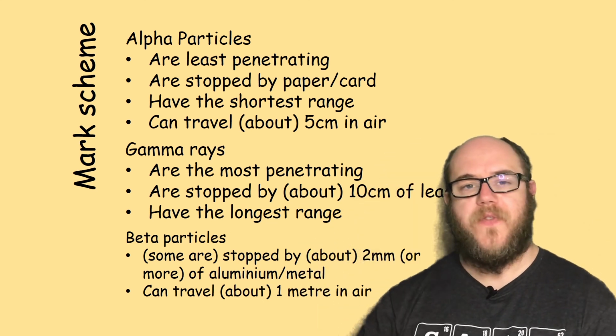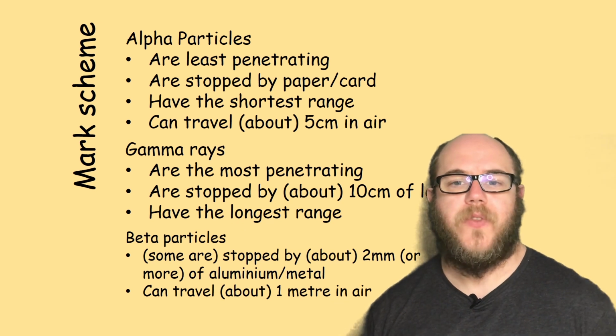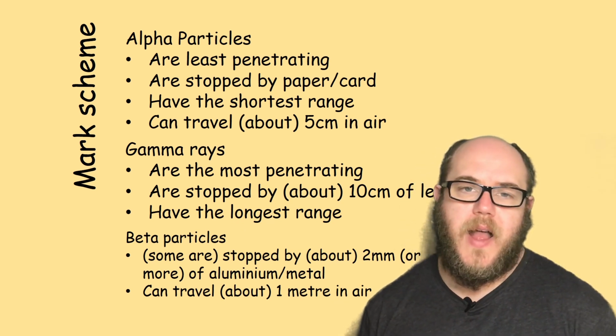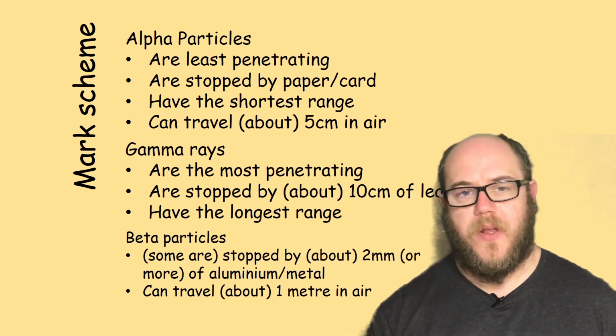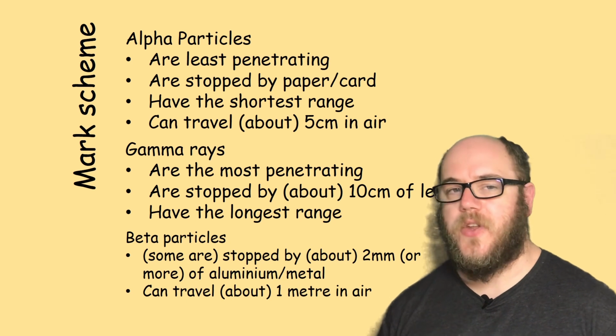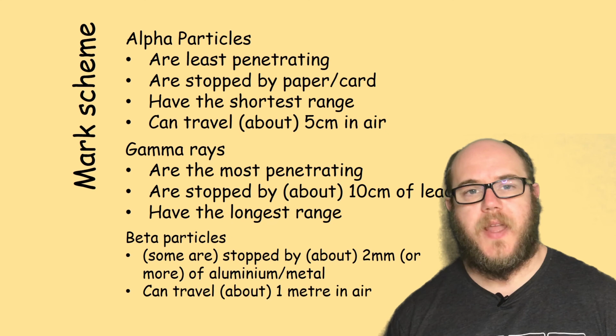So if you've taken the detector more than 1 meter away and you're still getting counts through thin pieces of metal, then you'll put thick pieces of lead over the source, and you should then see it drop off completely, and that means you've got a gamma ray.